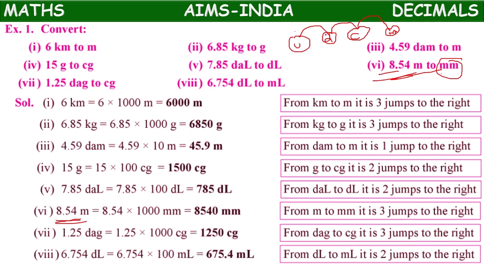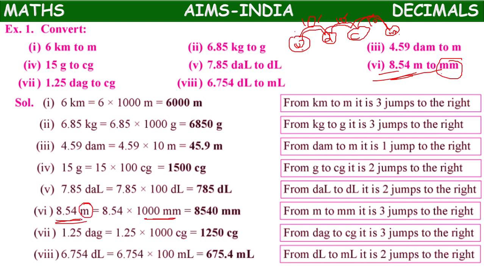So from unit to milli we have to move 3 steps, means 10 into 10 into 10, 1000. So 1 meter equals 1000 millimeter.